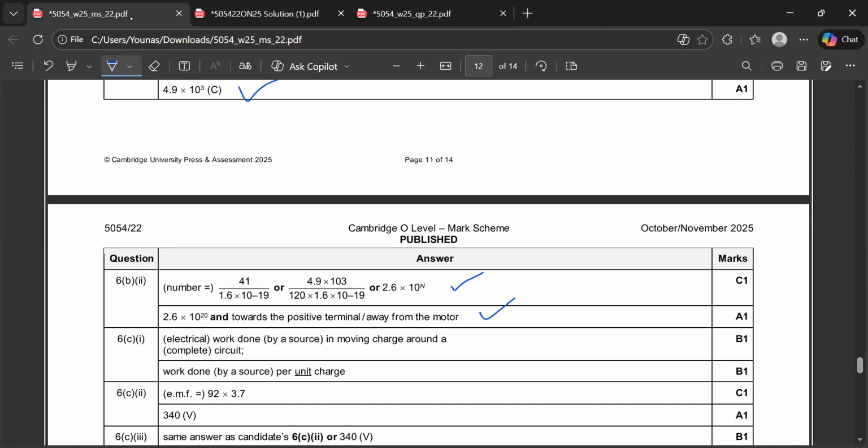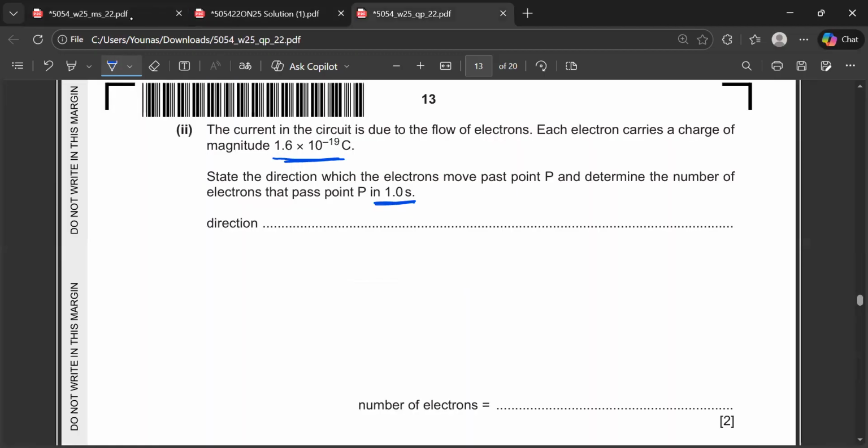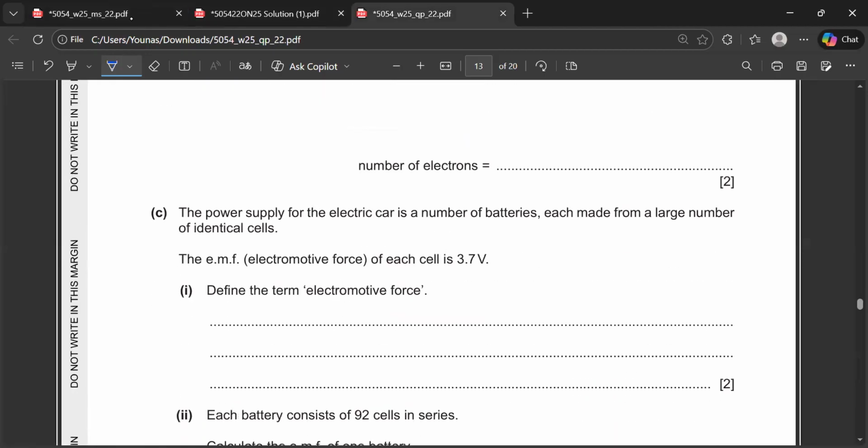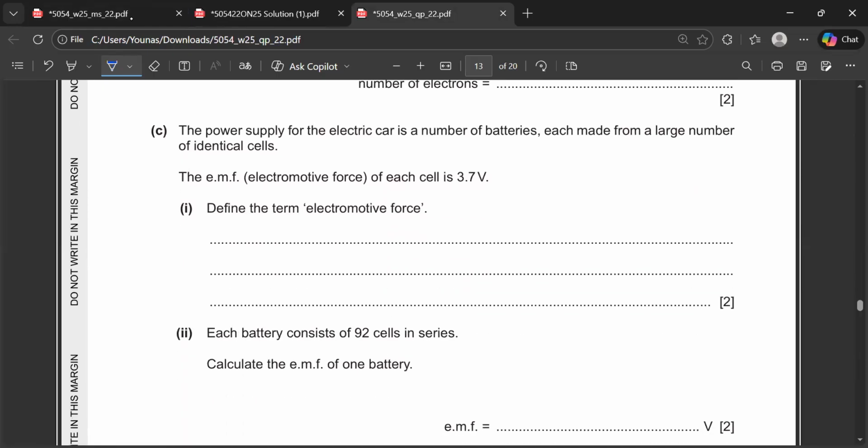Here we have the answer. This is how this is done. I hope you understand. And we are going to the C part of question number 6. It says the power supply for the electric car is a number of batteries, each made from a large number of identical cells. So they are identical cells and they make up batteries.